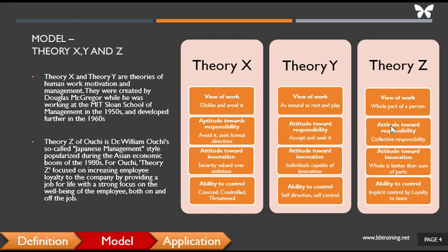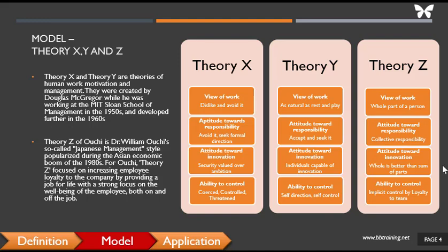Now Theory Z, again going back to Dr. William Ouchi's Theory Z, or the Japanese management style, it says the whole person, which means look at the society at large. The organization becomes like the parent organization and kind of adopts people into it.